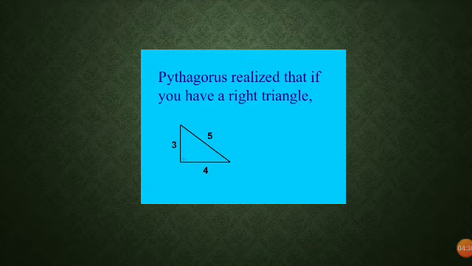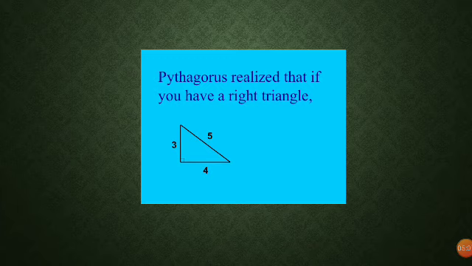Pythagoras realized that if you have a right angle triangle, like the example 3, 4, 5 that you already know: the base is 4, the hypotenuse is 5, and the other side is 3.